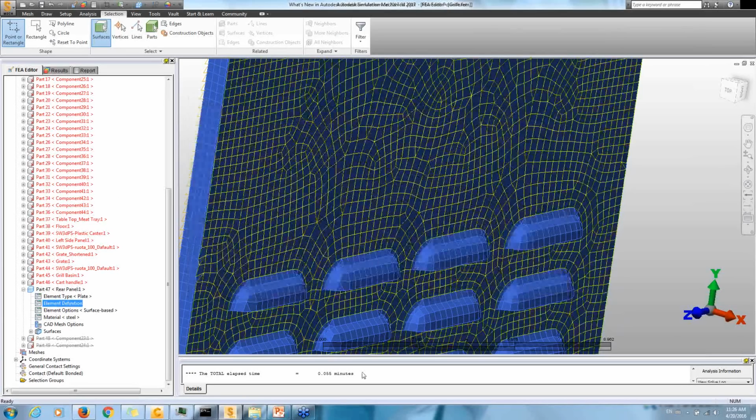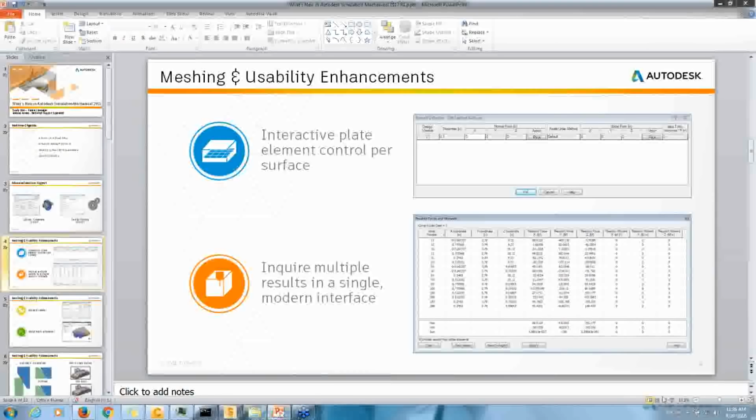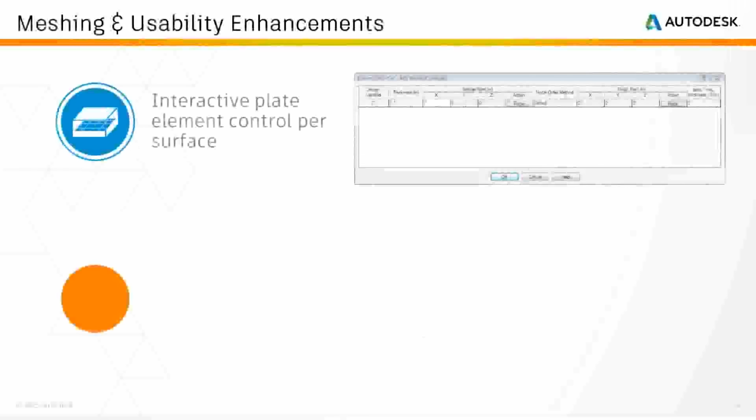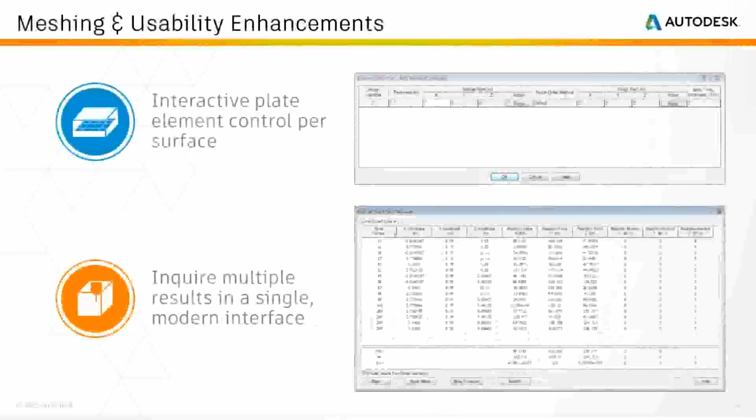So let's go ahead and talk a little bit about our usability enhancements to the inquiring of results. The next improvement that we did to our usability is around inquiring multiple results with a single modern user interface.